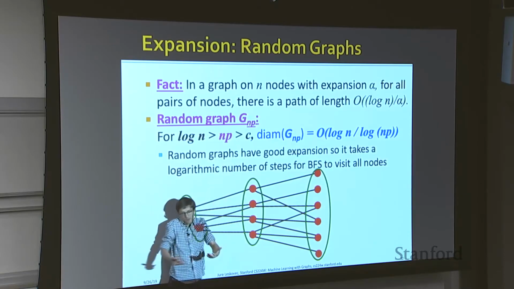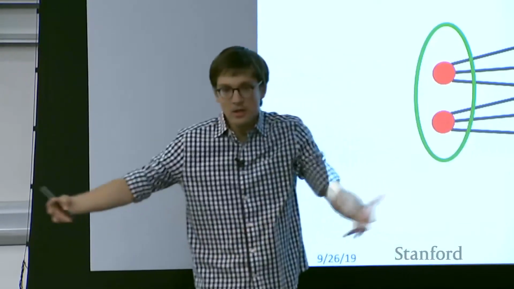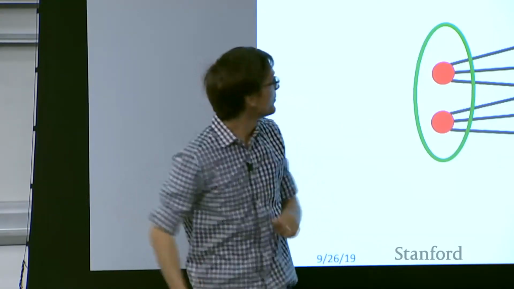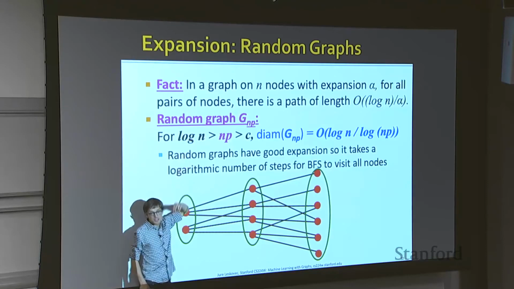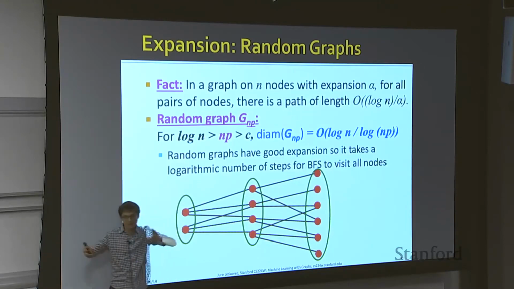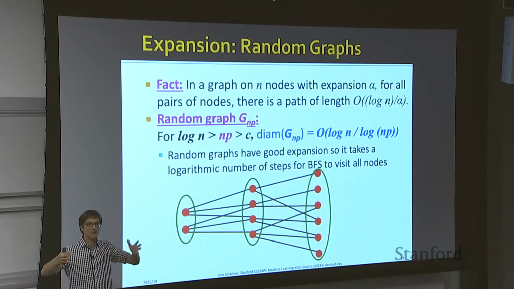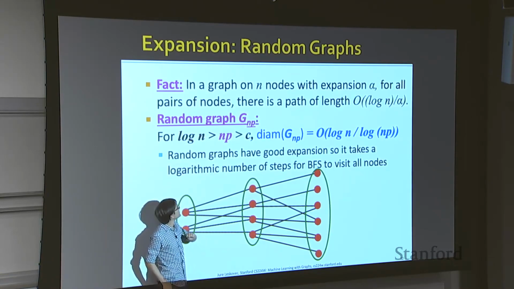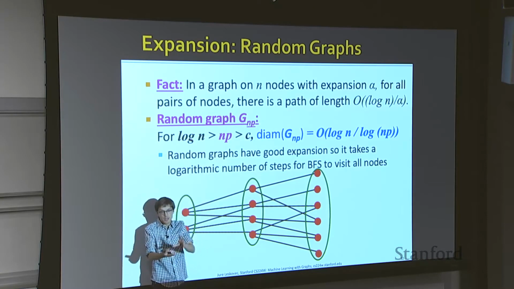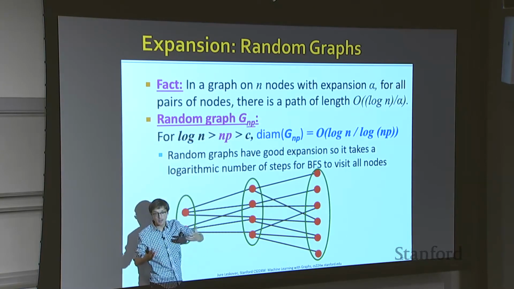I need to have some reasonable degree to have small diameter. And when the degree increases to log n, I will essentially have a graph with constant diameter, which means a fully connected graph. So this is why I have these things this way. Generally, average degree is like 5 or 10, so it will be less than log n.